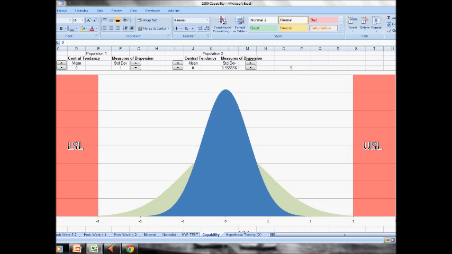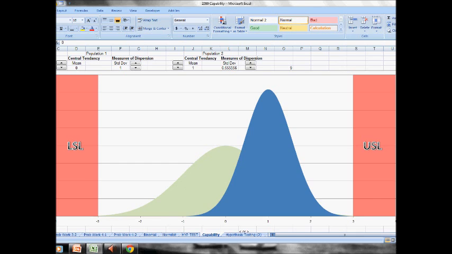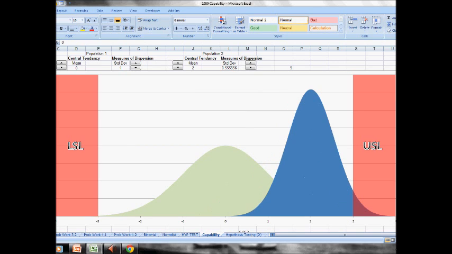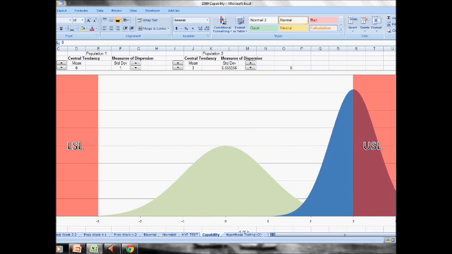When you start talking CPK and PPK, what that does is it not only looks at does your distribution fit, but is it centered. So for example, maybe my distribution is very capable of fitting within the spec, but maybe it's over here on the upper spec where I'm producing half of my product as non-conforming. Anytime your average falls on a spec limit, that means your capability, or your CPK and PPK, is 0.